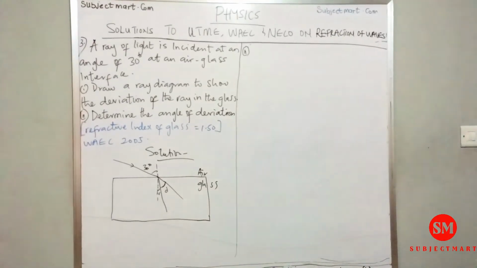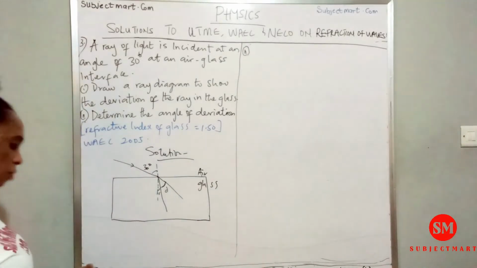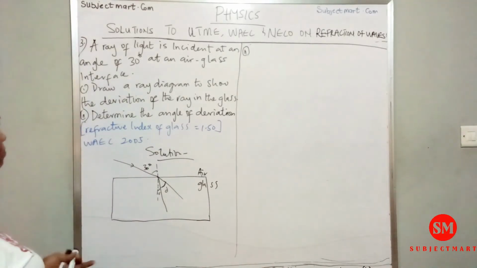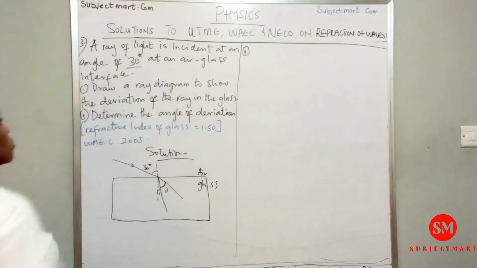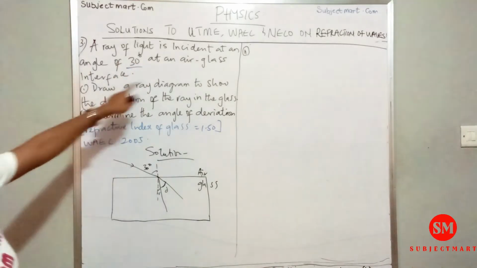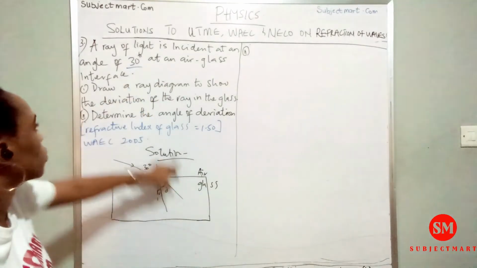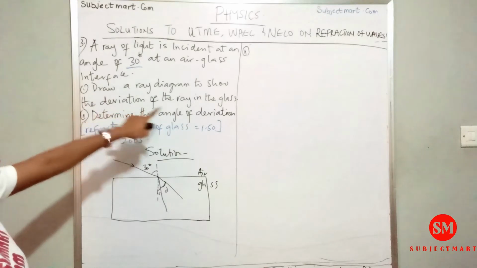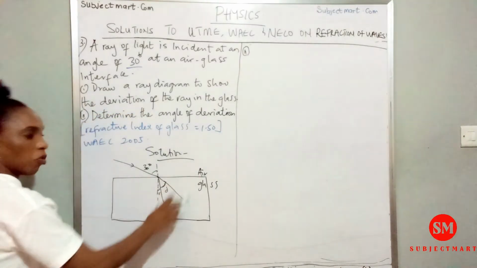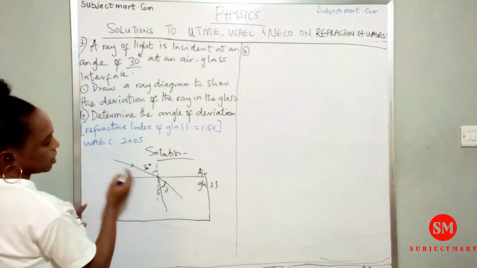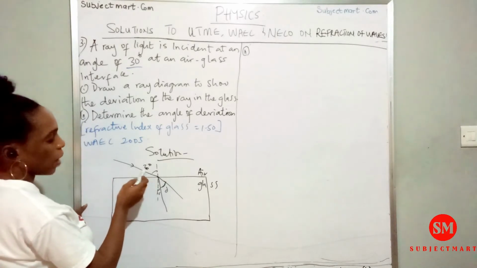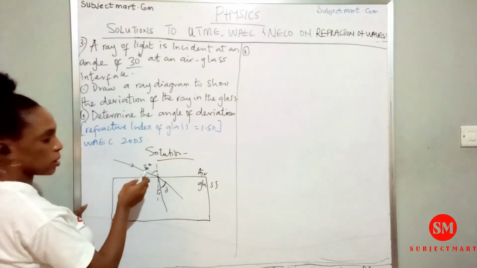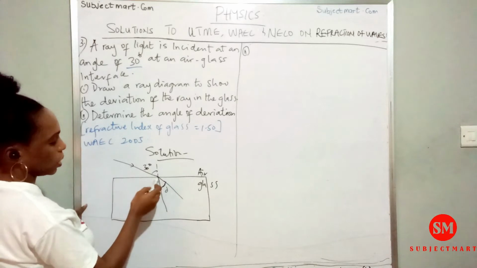A ray of light is incident at an angle of 30 degrees. That's the incident angle, at an air-glass surface. We are asked to draw the ray diagram to show the deviation of the ray. So this is what the ray diagram looks like. This arrow signifies the angle of incidence, which is 30 degrees.